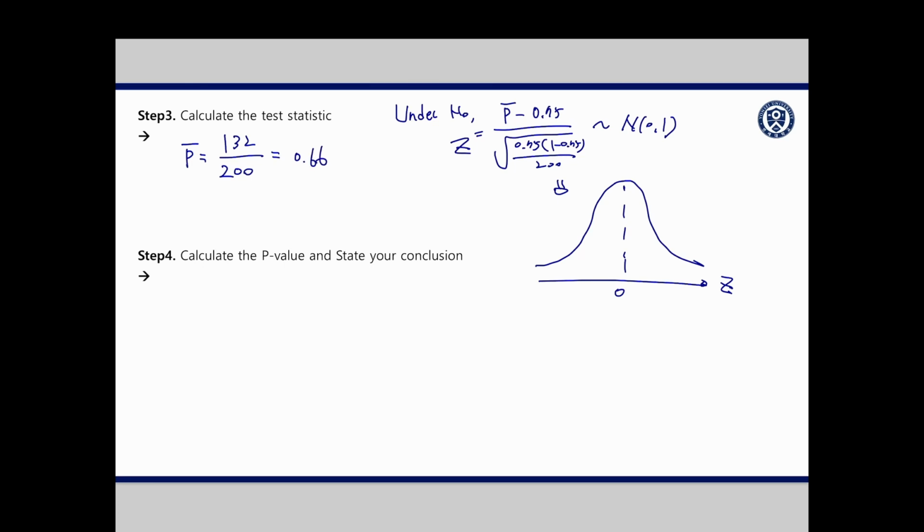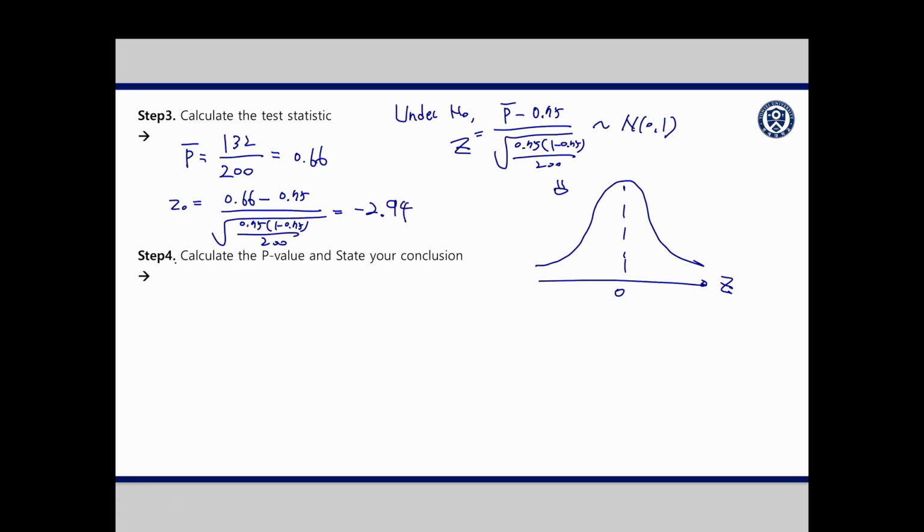So the test statistic in the Z distribution, small z0, equals 0.66 minus 0.75 over the standard error, which equals minus 2.94.